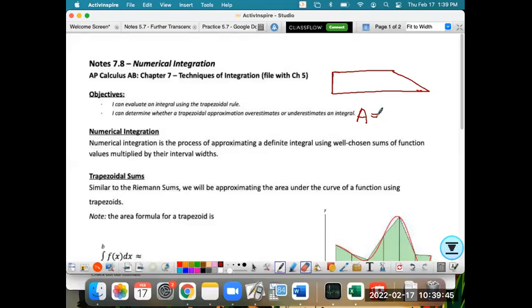So yes, 1/2 parentheses base 1 plus base 2 times height. What's base 1? Just one of them. So then the bottom one's base 2. And then the height, that.